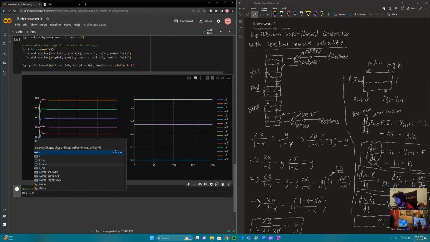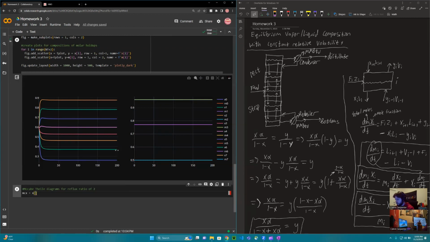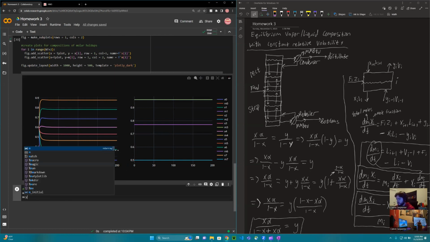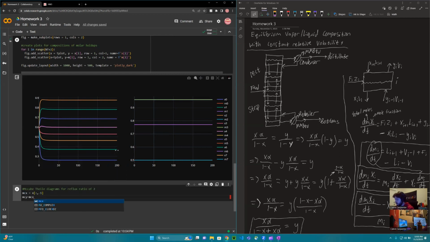So MCX is equal to X, colon, comma, -1, close bracket. Sure. MCY equals MCX times alpha divided by, in parentheses, 1 minus MCX plus MCX times alpha, close parenthesis, enter.